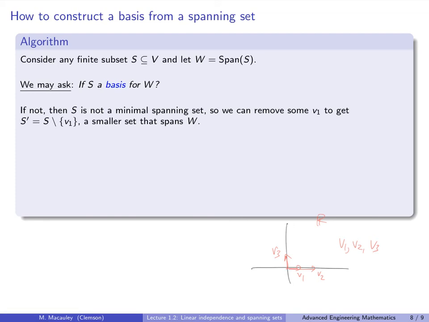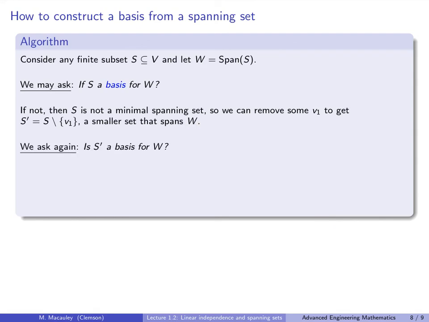Because we can remove v1 and these guys will still span. This is R2. However, we can't just remove any of these. We can't remove v3. If we remove v3, then we no longer get a spanning set. So I can't just remove an arbitrary vi, but this just says that there is some vi, or some v1, that we can remove to get a smaller spanning set.